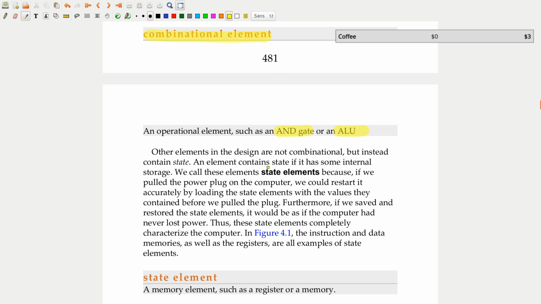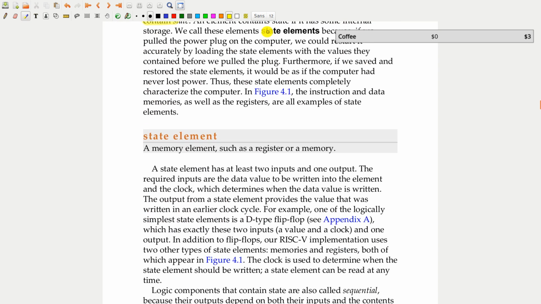Now let's talk about state elements or sequential elements. So other elements in the design are not combinational but contain a state. An element contains a state if it has some internal storage. So we need to be able to store some kind of state and remember it. So typically we just say that it has some kind of memory to it. And so we're going to call these state elements.